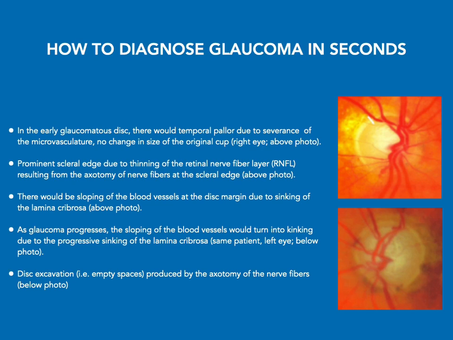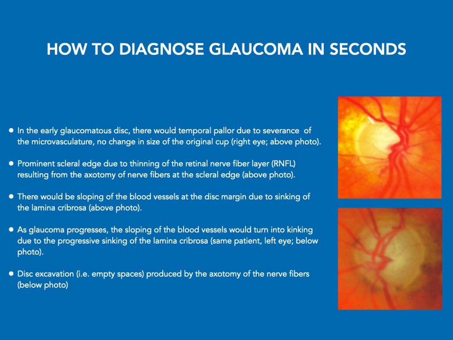How to diagnose glaucoma in seconds. As can be seen in the top photo, in the early glaucomatous disc, there will be temporal pallor due to severance of the microvasculature, while no change in size of the original cup. A prominent scleral edge can also be seen due to thinning of the retinal nerve fiber layer, resulting from the exotomy of nerve fibers at the scleral edge.